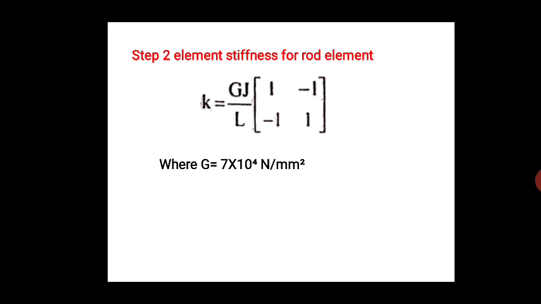Where G is 7 into 10 raised 4 Newton per mm square and J, due to the diameter of 50 mm, we will take as pi d to the power of 4 divided by 32, that is pi into 50 to the power of 4 divided by 32, that is 6.1359 into 10 raised 5 mm to the power of 4. This is the polar moment of inertia for the rod element.